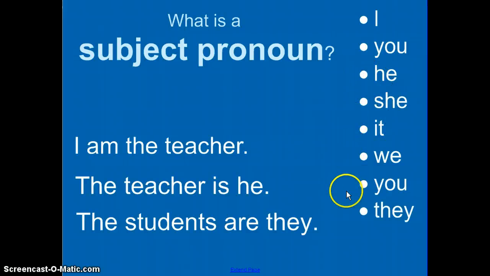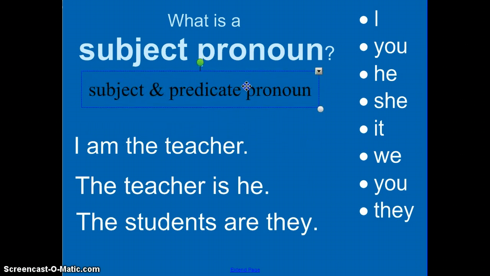So it's singular and it's plural, but it's fortunately the same word, so it's a little bit less for you to have to memorize. Now this set of pronouns can only be used to take the place of two nouns in different places of a sentence. They can do the job of a subject and the job of a predicate noun, but since they're not nouns anymore, we're going to call them predicate pronouns.